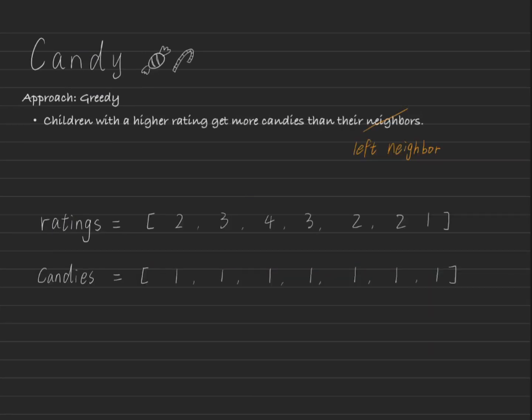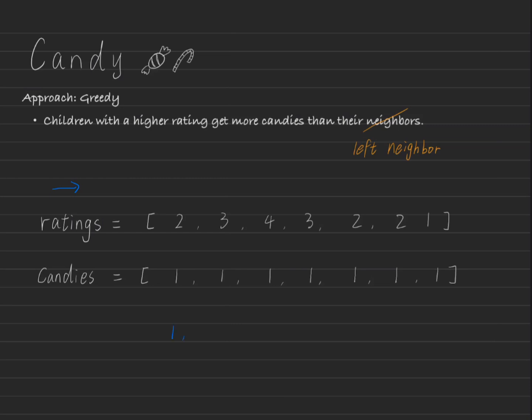Moving on, the second rule states that children with a higher rating get more candies than their neighbors. So let's focus first on the left neighbor. That means traversing through the ratings array from left to right. If we see that the current rating is greater than its left neighbor, we need to assign more candy to this child.